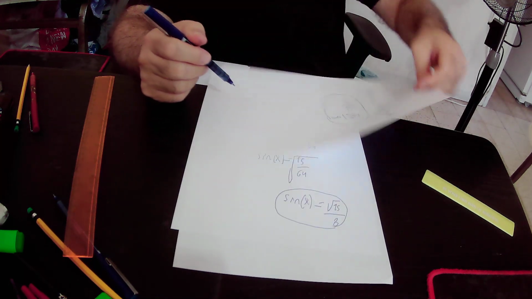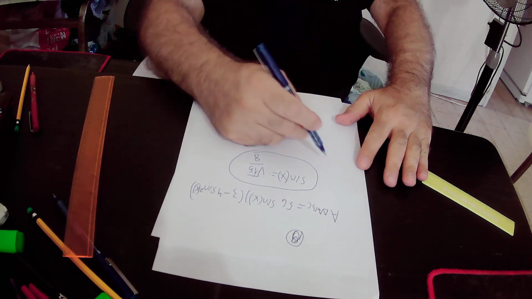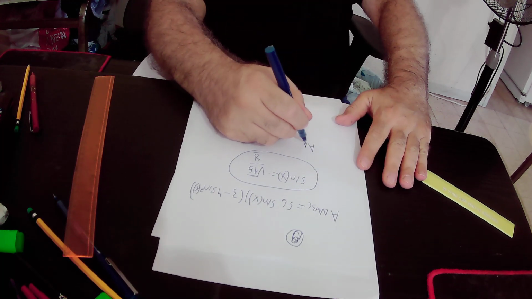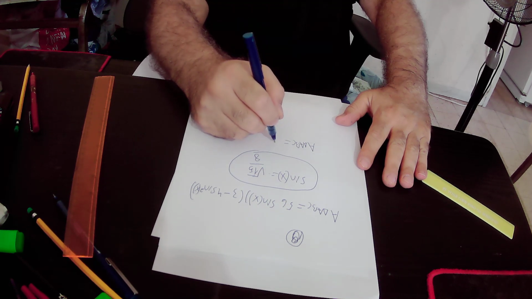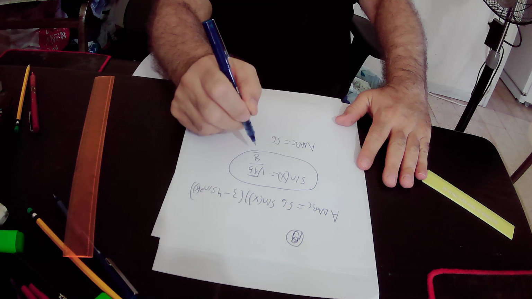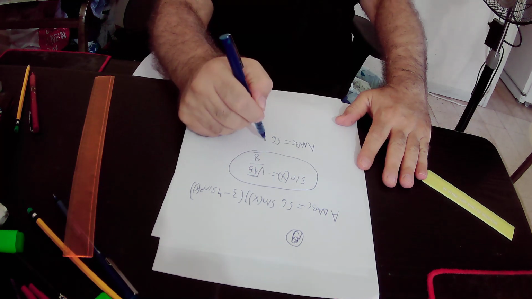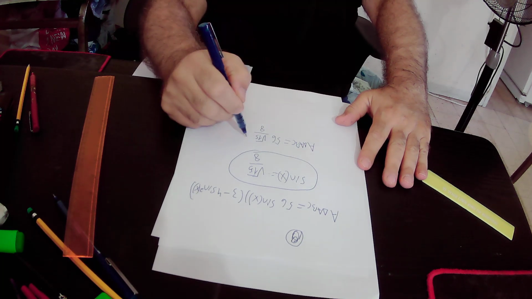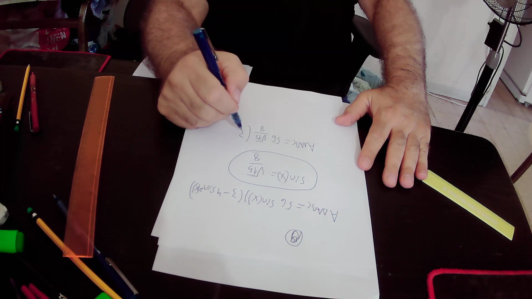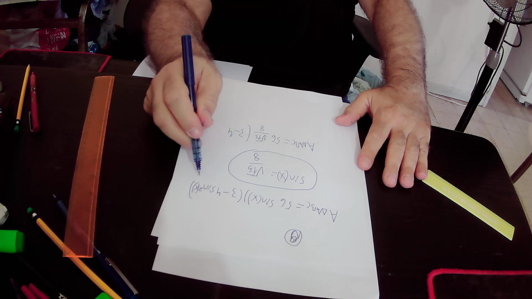So the area of triangle ABC will be equal to 56 times root 15 over 8, times 3 minus 4 sine x squared.